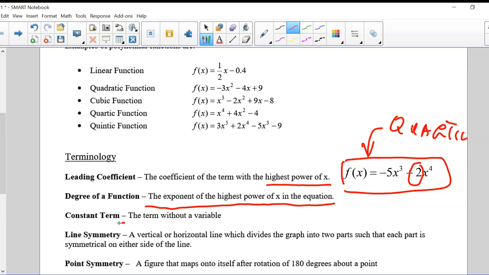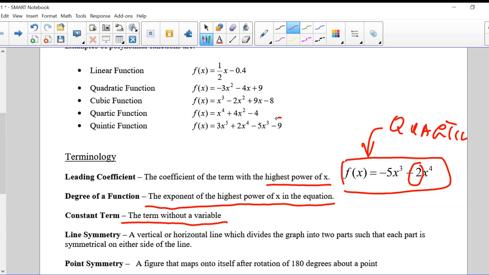The constant term. Well, that's something you learned back in grade 9 as well. It's a number or the term that doesn't have a variable. And when I talk about variables, of course, I'm talking about the x's or whatever the letter is in the function. It doesn't have to be an x, it could be any other letter. But whatever is the variable, if there's a term without a variable, then that becomes a constant term.